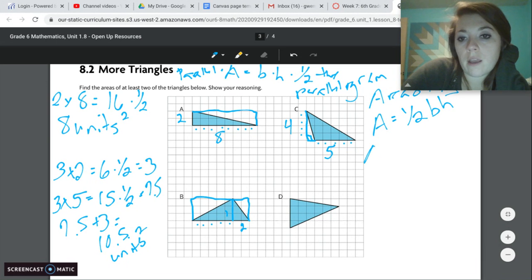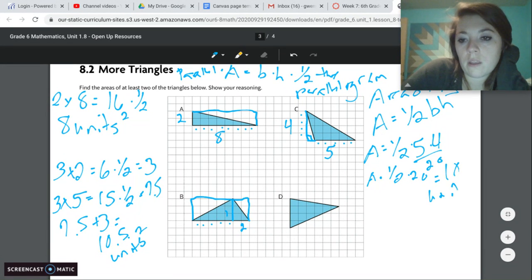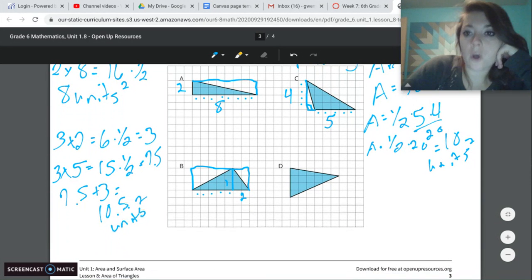And so area equals 1/2 times 5 times 4. 5 times 4 is 20. So 1/2 times 20 is 10 units squared.